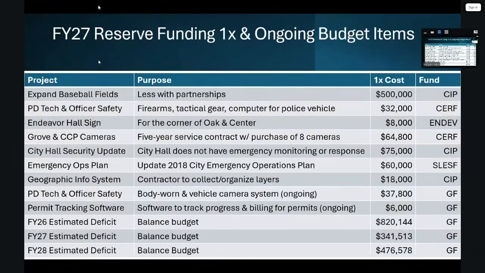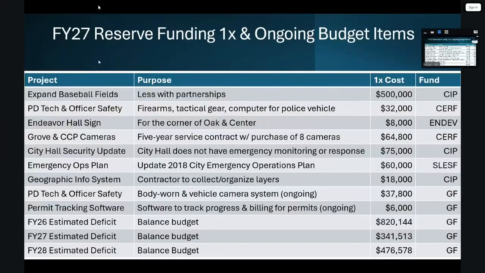This slide represents the conglomeration of all of those amounts and the source of the funds for each of them. So you'll notice that some of the firearms, tactical gear, and the computer that gets installed in the one police vehicle, we took that from SURF.